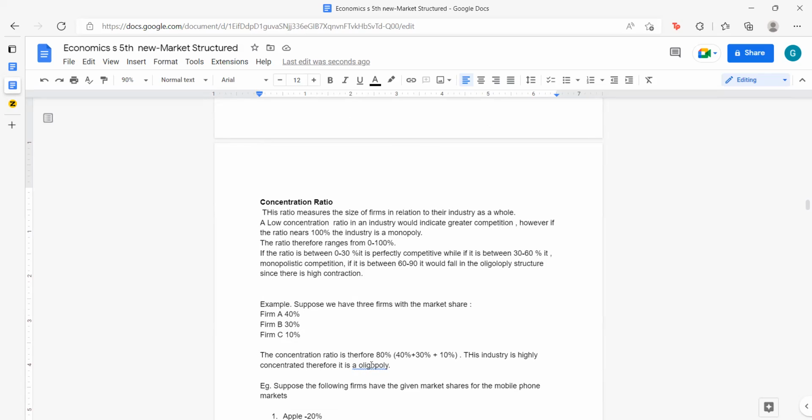How do we find the concentration ratio? We just add up all these market shares, and we get 80. When we add 40, 30, and 10, we get 80. And as I said, it falls in that oligopoly range, giving it a high concentration. So in this example, it gives us an oligopoly as well.